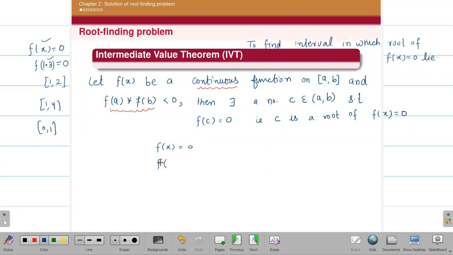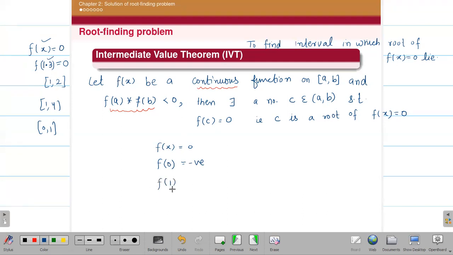You can start with negative points also, but if I want to find the positive root here, I will start with 0. Find the value of this function at 0, suppose it is negative. This function should be continuous also.